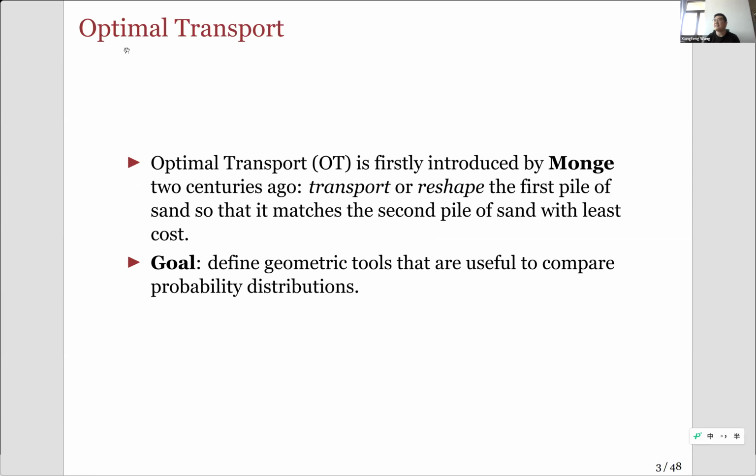What transport plan minimizes the total effort or cost? Fundamentally, optimal transport provides a powerful geometric framework for comparing probability distributions. It doesn't just look at point-wise differences. It considers the cost of moving probability mass from one distribution to match the other.